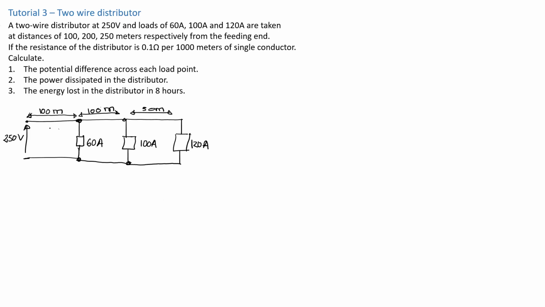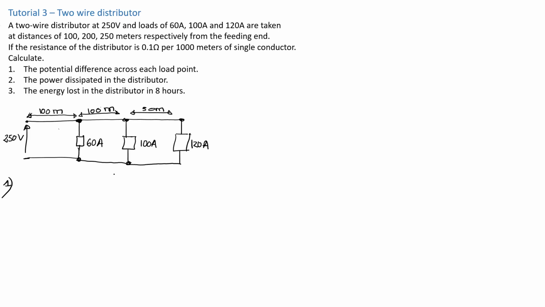So what is the first question? The first question is we need to calculate the potential difference across each load point. That is basically the voltage at this point, and also the voltage at this point. So that will be the voltage across each one of these loads. So let's go. The reason why we need to calculate this voltage is obviously because there's going to be some voltage drop here.